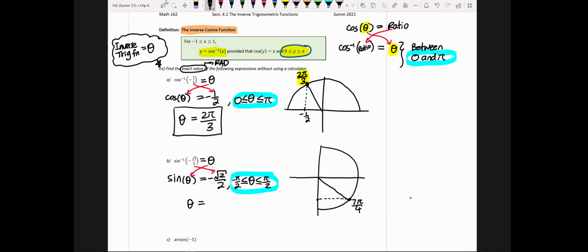But 7 pi over 4 is not in the restriction. So let's find the coterminal angle in the restriction. If we travel clockwise, this would be -pi over 4. So you have to find the radian measure in the restriction between -pi over 2 and pi over 2. So that would be -pi over 4. Actually, I shouldn't box the theta. Let's just box the final answer here.